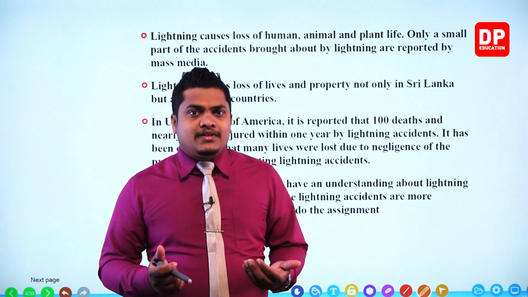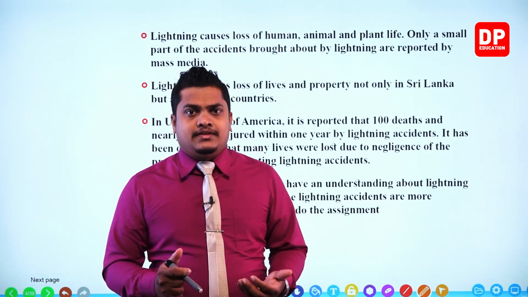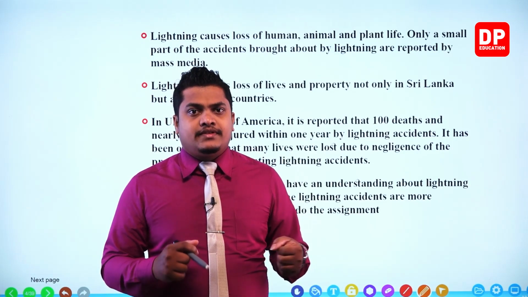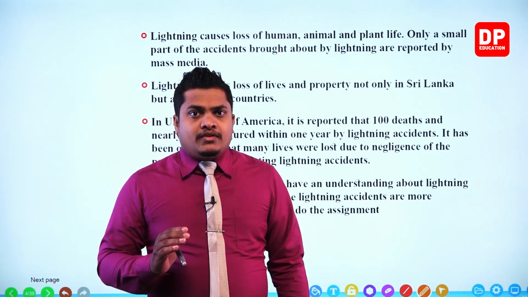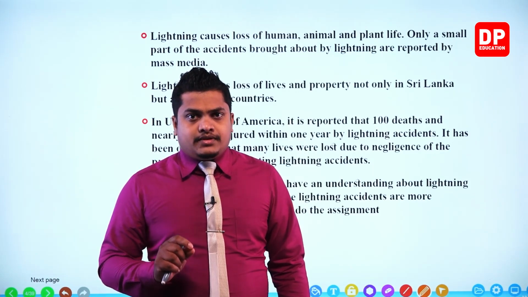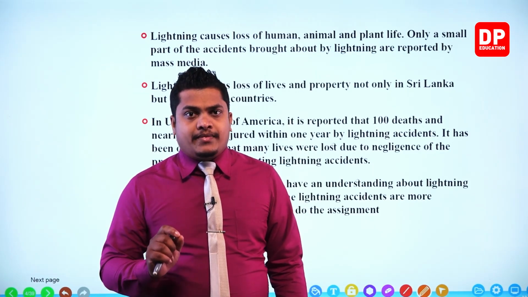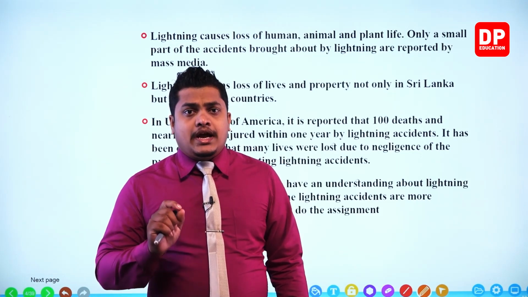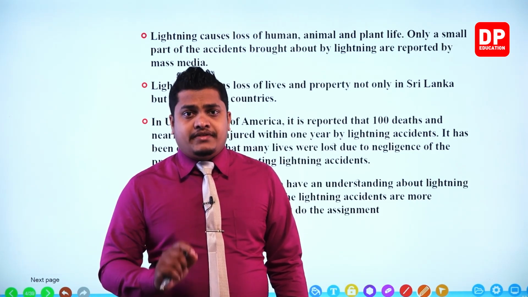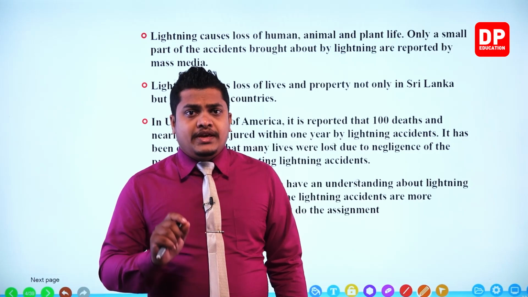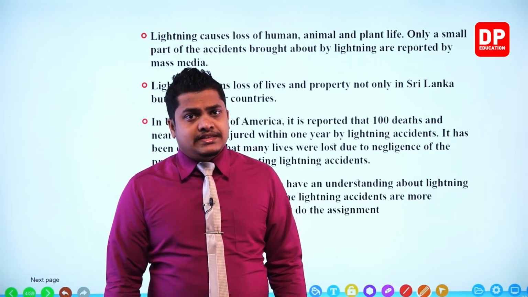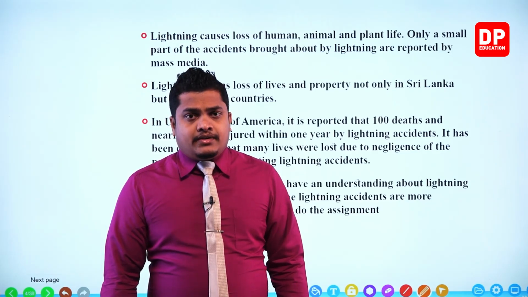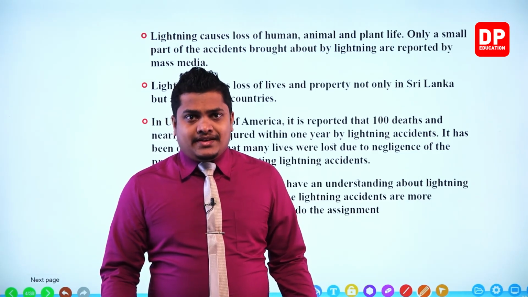Negligence of the people is the main reason for these lightning accidents. We have to be aware of what is going to happen in our environment, and if we are aware, we should be able to avoid the bad effects. That's our responsibility.